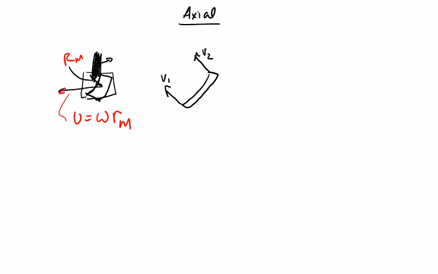We could break it down into a tangent velocity, and then a velocity which is perpendicular, which we're going to call A1. So there's a tangent velocity and the axial velocity.